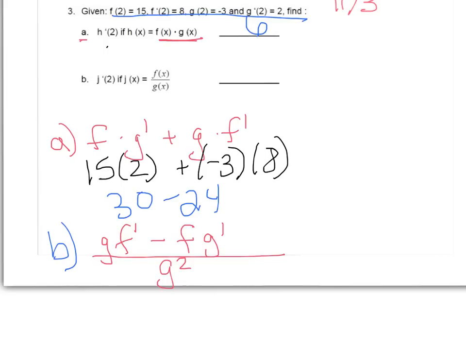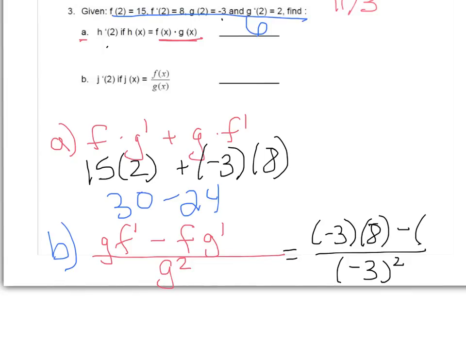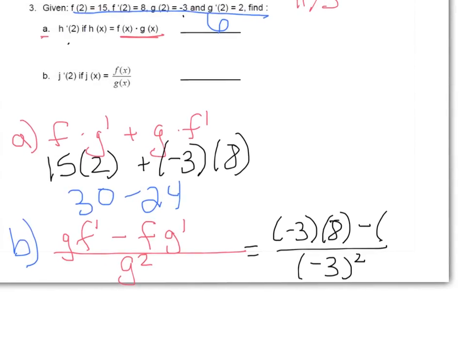And substituting in those values, G of 2 is -3, so that's -3 times F prime, which is 8, minus F, which is 15, times G prime, which is 2.